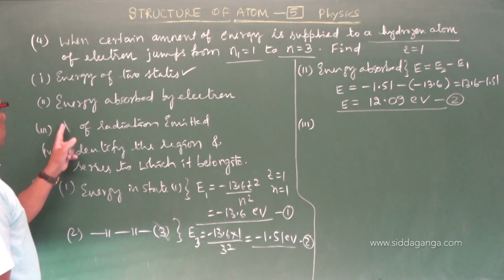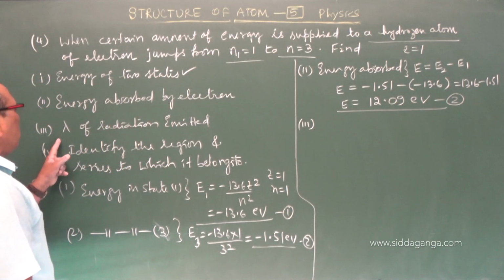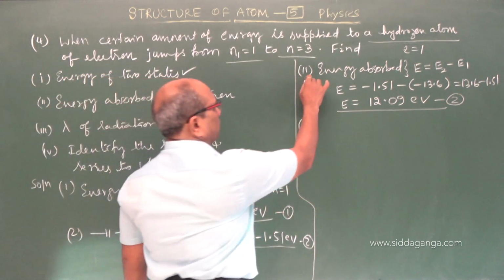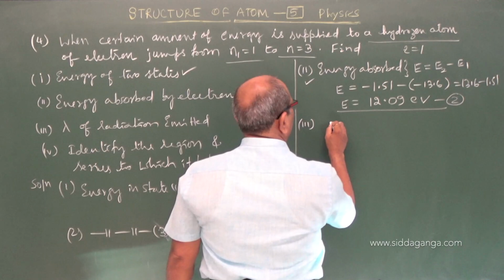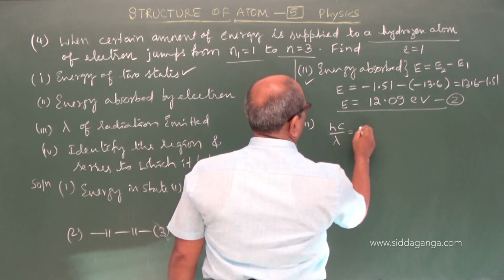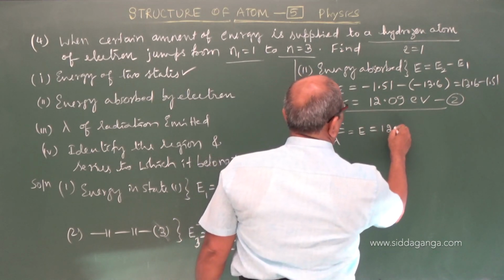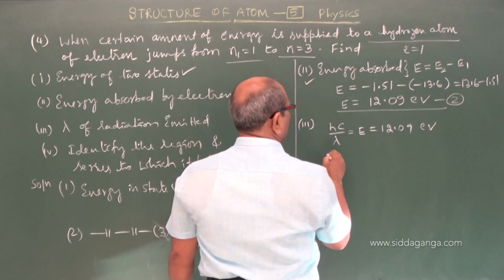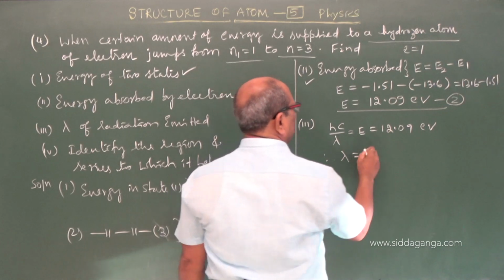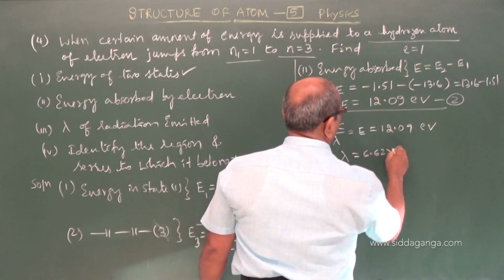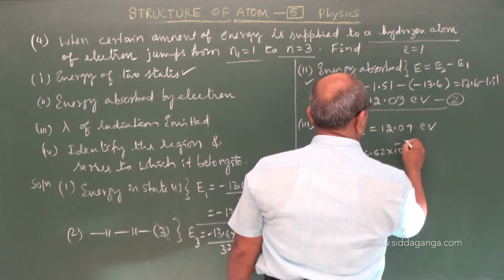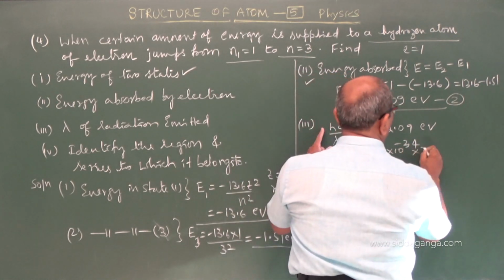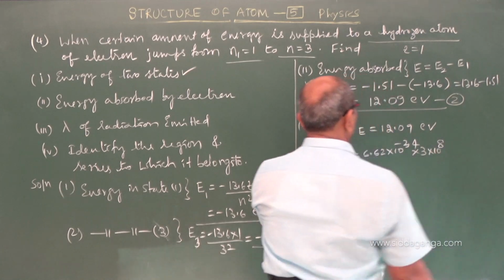Third one, wavelength of radiation emitted. This is the energy absorbed. For wavelength emitted, use hc by lambda is equal to E, equal to 12.09 in terms of electron volt. Suppose you want the wavelength, h is 6.62 into 10 power minus 34, c is 3 into 10 power 8.